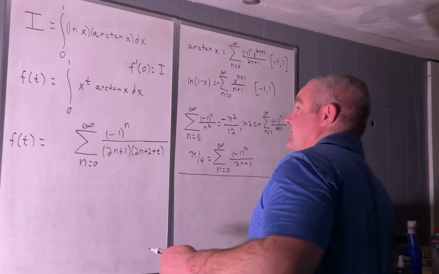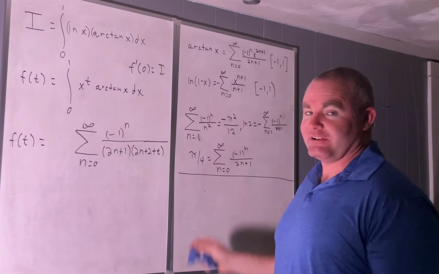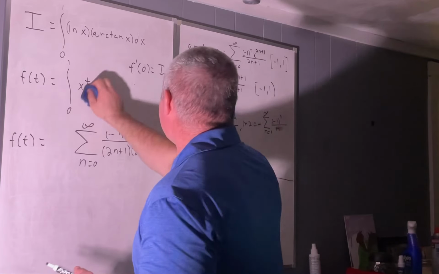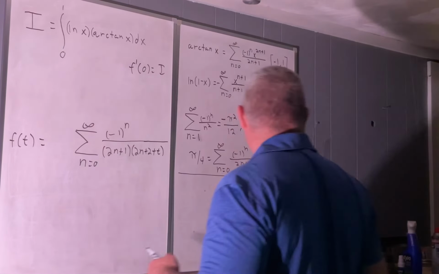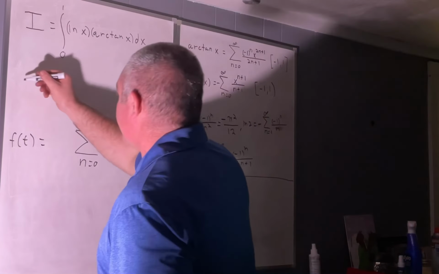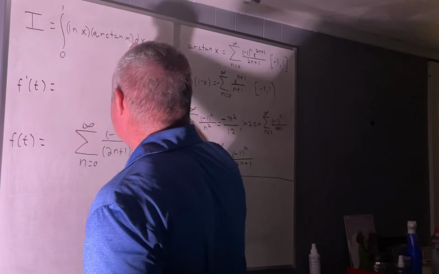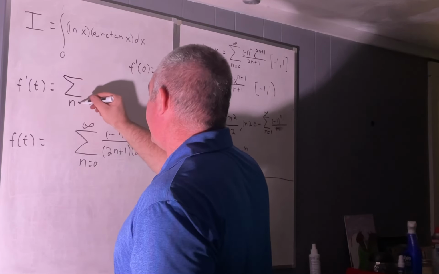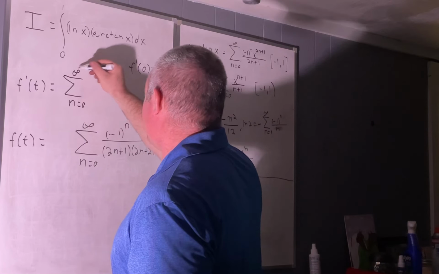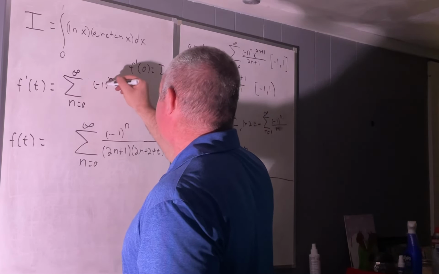And in fact, to save a little bit of space, I'm going to erase our original definition of f of t because we don't need it anymore. That's going to give us f prime of t is equal to the sum from n equals 0 to infinity. Let's see, we'll have negative 1 to the n still.